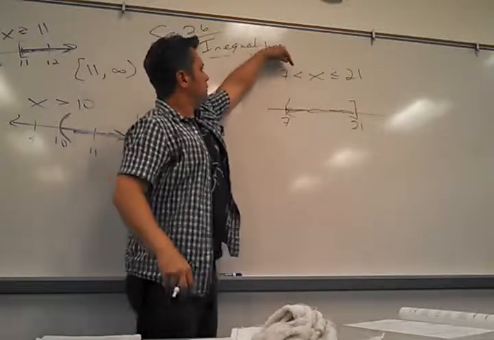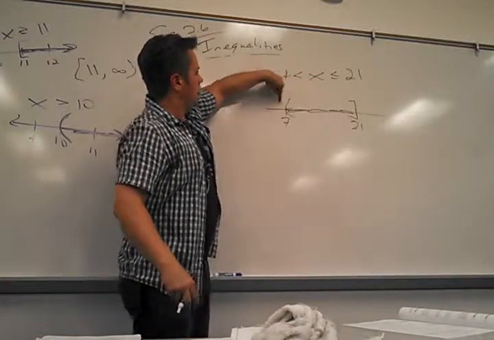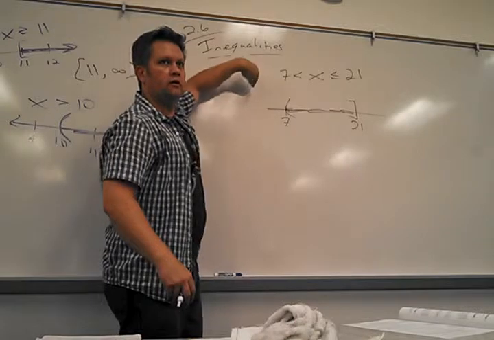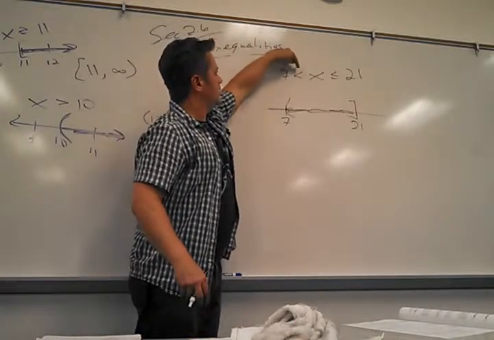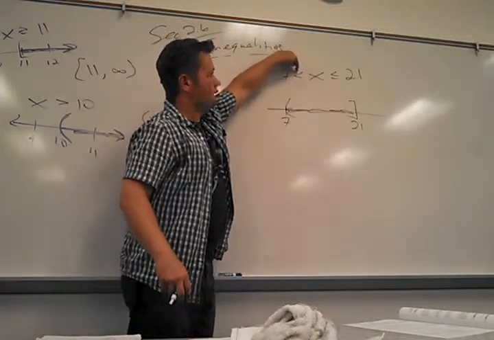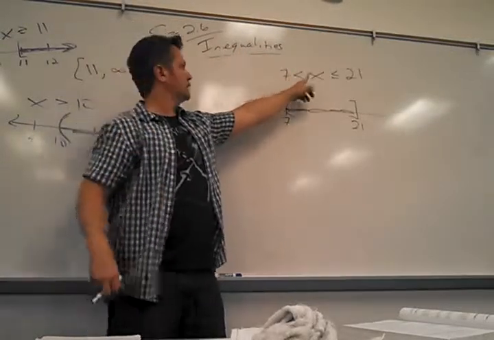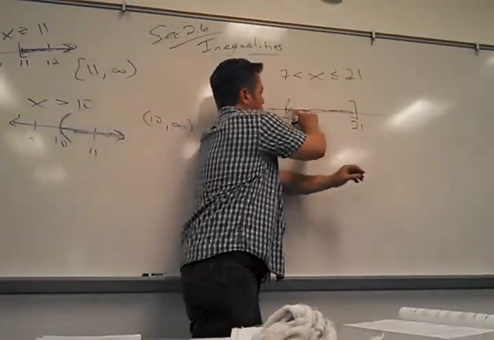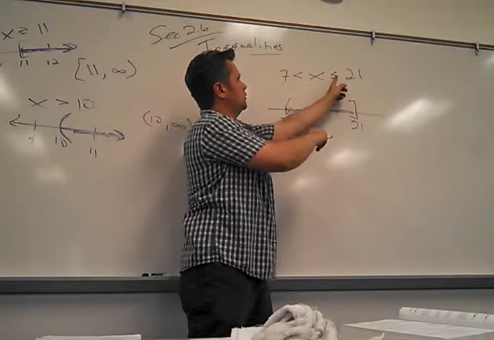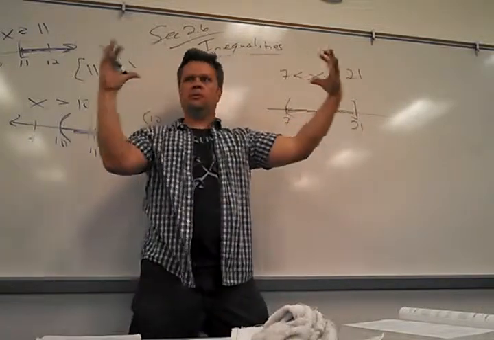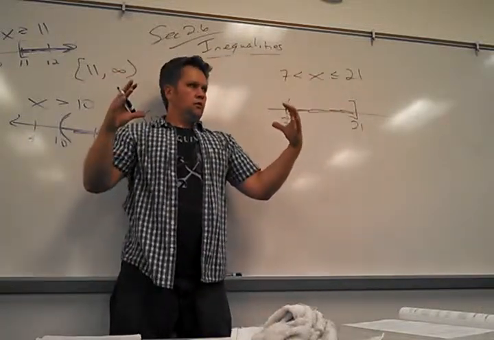Notice that people sometimes wonder, why didn't I shade down from here? Because this says 7 less than x, therefore x is bigger than 7 if I read it that way, right? The x is kind of on the wrong side there. So x is bigger than 7, but it's also smaller than 21, so it's sandwiched in the middle. Okay, maybe.